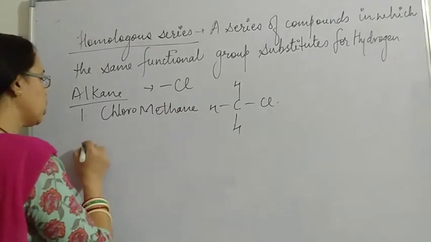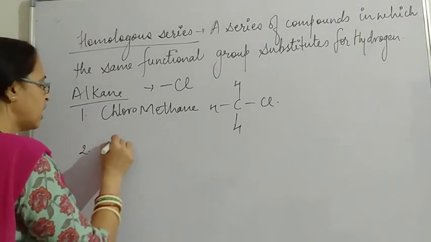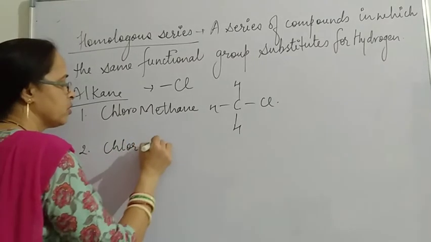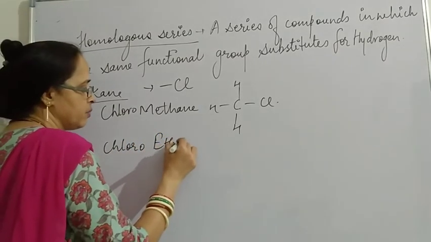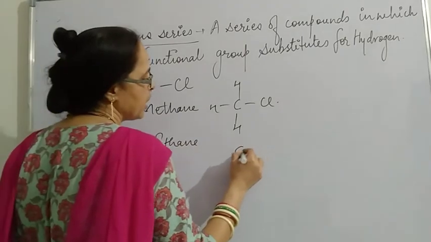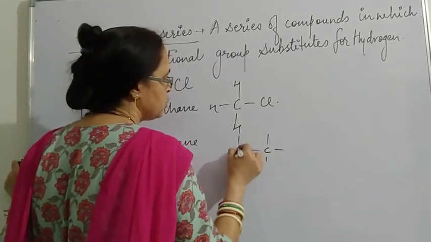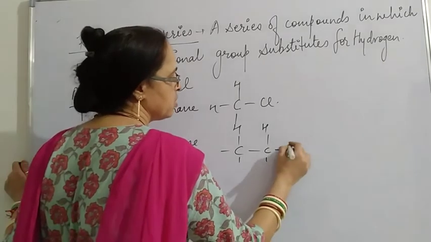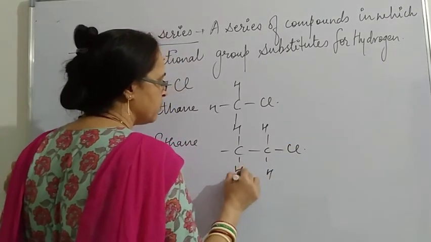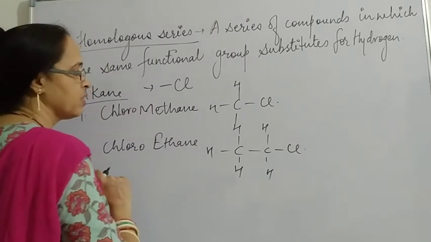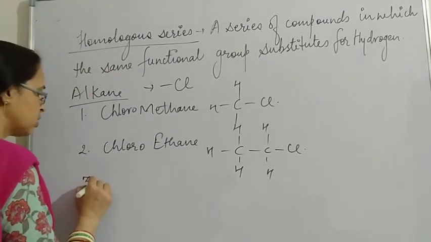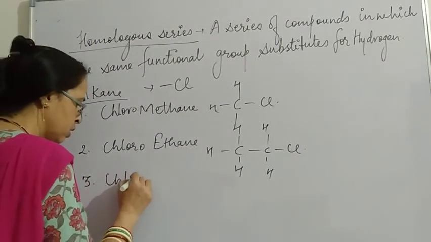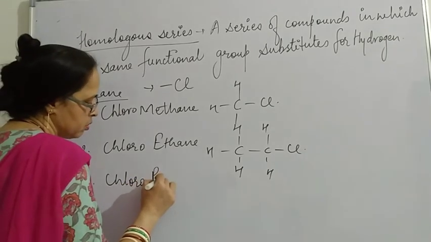Now we talk about the second carbon, that is chloroethane. That means two carbons are there, and in these two carbons, one hydrogen is replaced by one chlorine. That means the functional group remains the same. Okay, then we talk about the third, chloropropane.